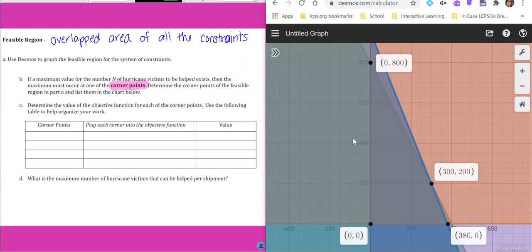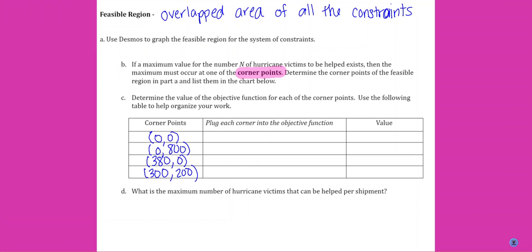So those are going to be my corner points that I'm going to put in this table. Then I'm going to plug each of these coordinates into my objective function that we wrote at the beginning.